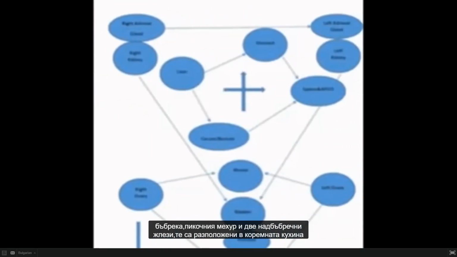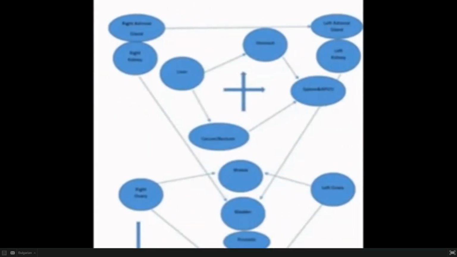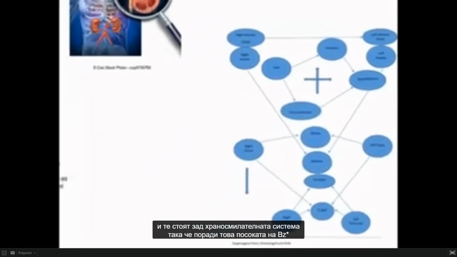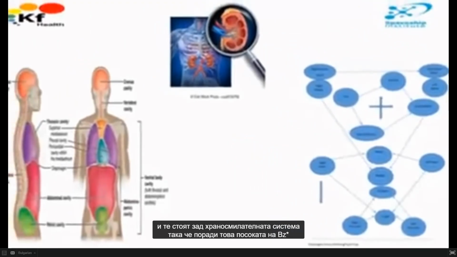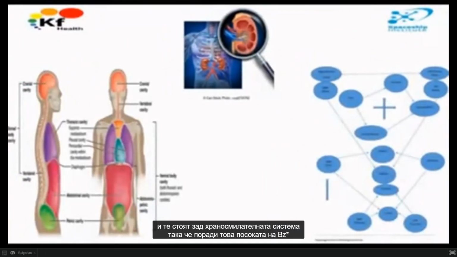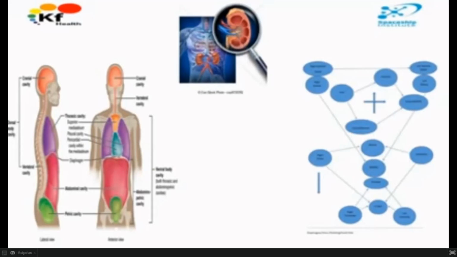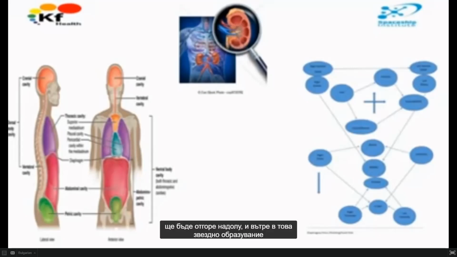They are situated in the abdominal cavity and, like a plane of the human body, they stay behind the digestive system. Because of that, the BZ direction will be faced from top to down.